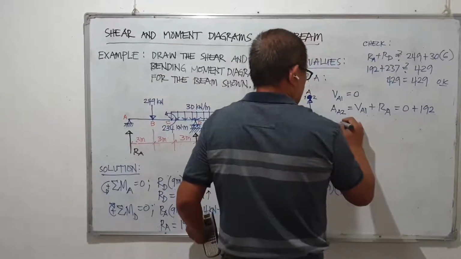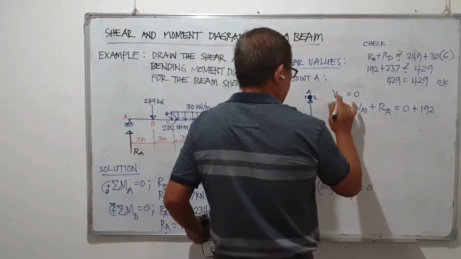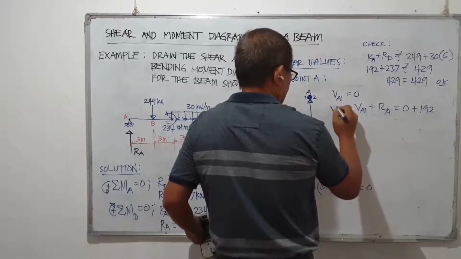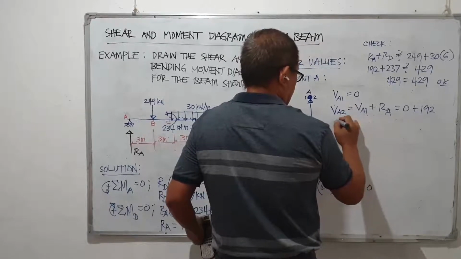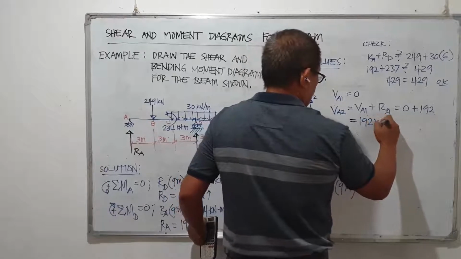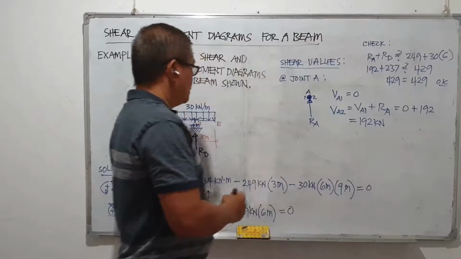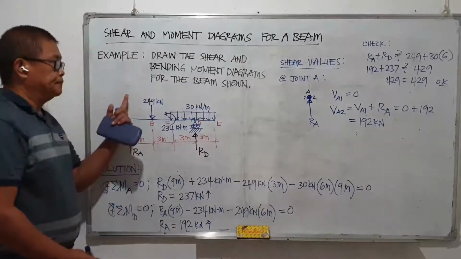Which means that shear V sub A2 is equal to 192 kilonewtons, and that is positive because R sub A is going up.